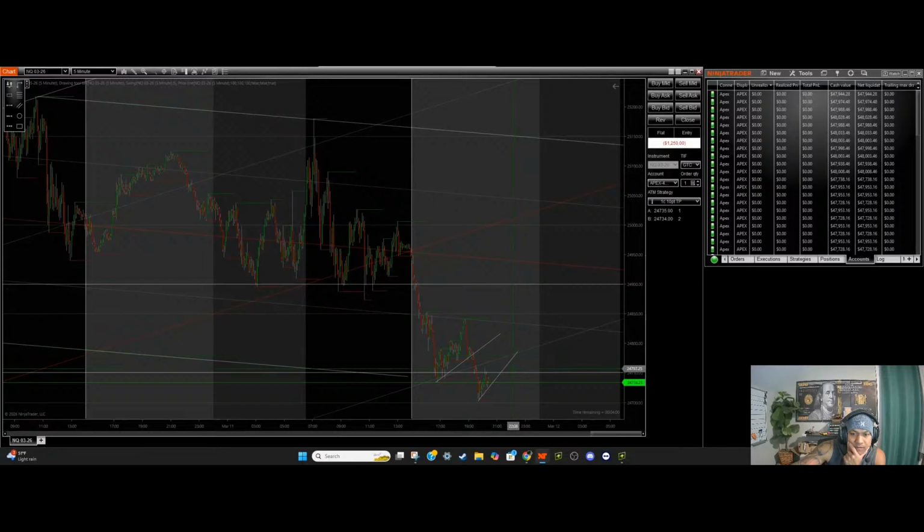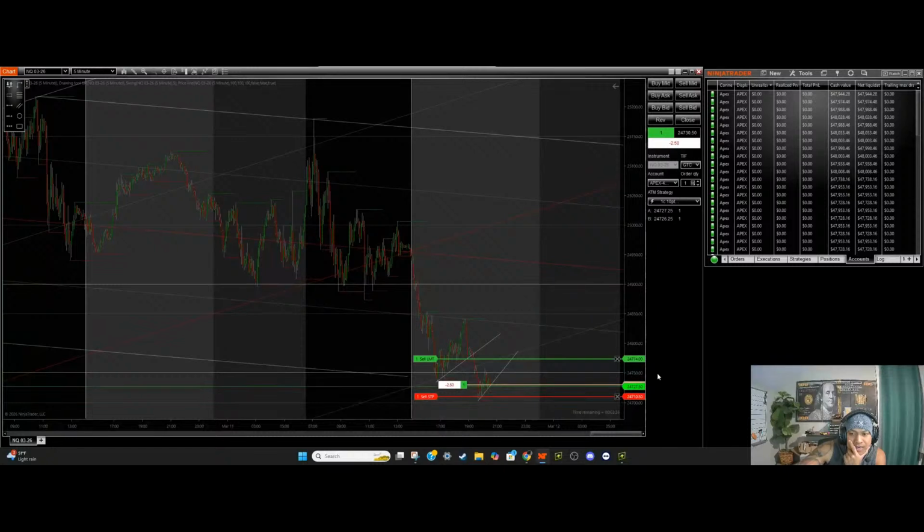You have a little mini trend line here. Should we join the bull? Let's see. If it breaks below, we'll just get out. This is a tight scalp here. We're just going to test this thing out. Quick little tight scalp.